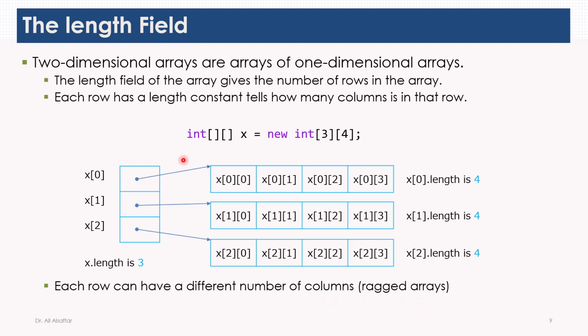Now, if you define a two-dimensional array similar to our example here, each of these index variables is pointing to a one-dimensional array of the same size. So it doesn't matter if you use dot length on the first index variable, or on the second index variable, or on the third index variable, all of them will give you the same number of columns. However, if we have a ragged array, then dot length on each index variable of the first array will give you different answers.